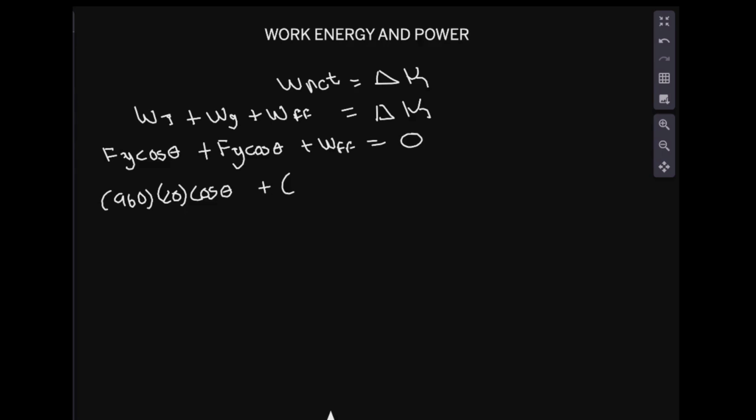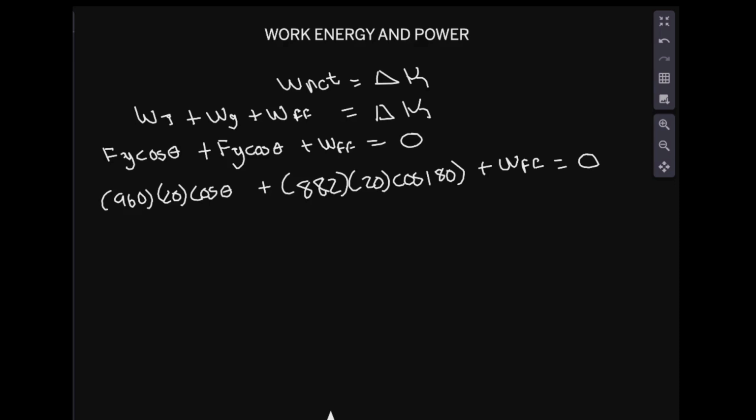It was 882, 9,8 times 90. 882 multiplied by 20 multiplied by cos of 180. Remember, weight was acting directly opposite the tension force. And then plus work of frictional force is equal to 0, because now the soldier is moving vertically up.